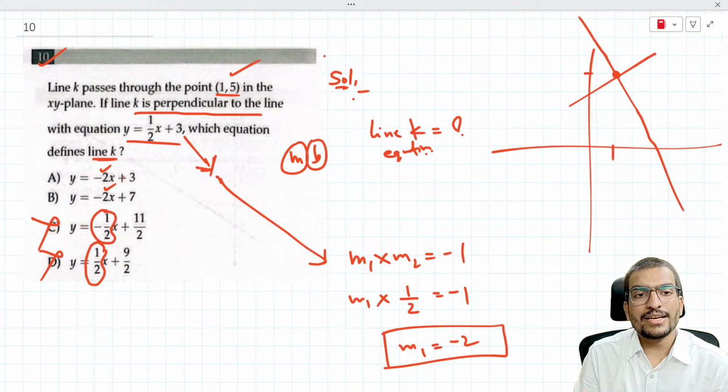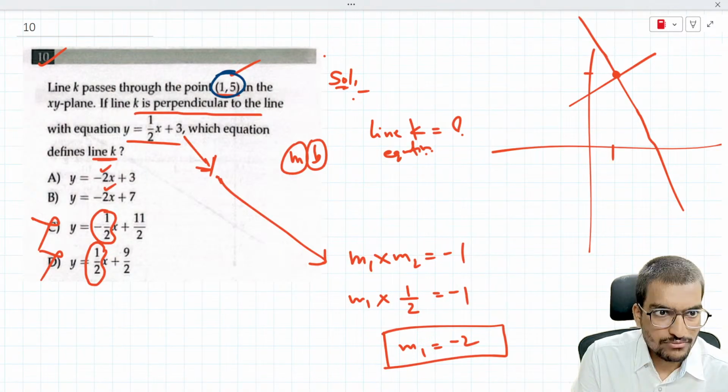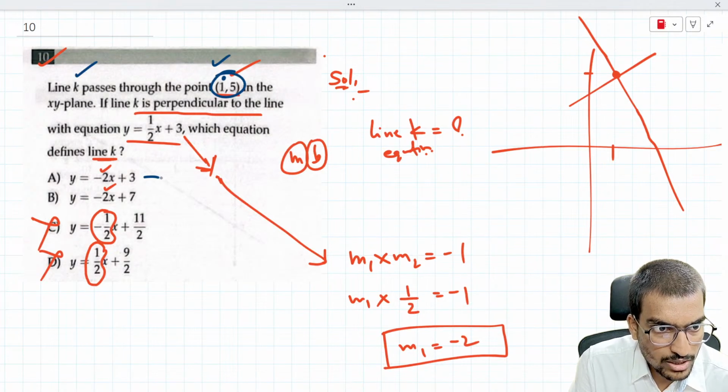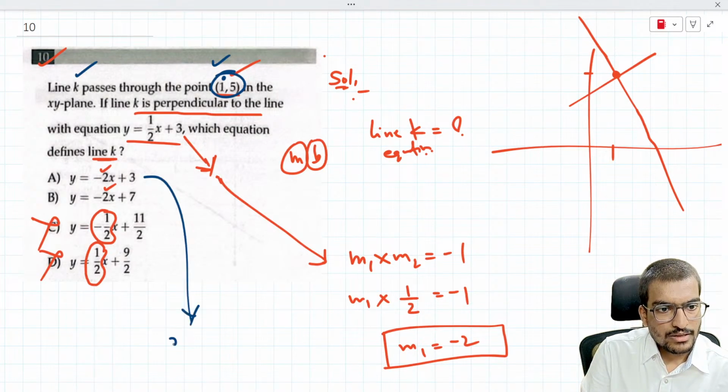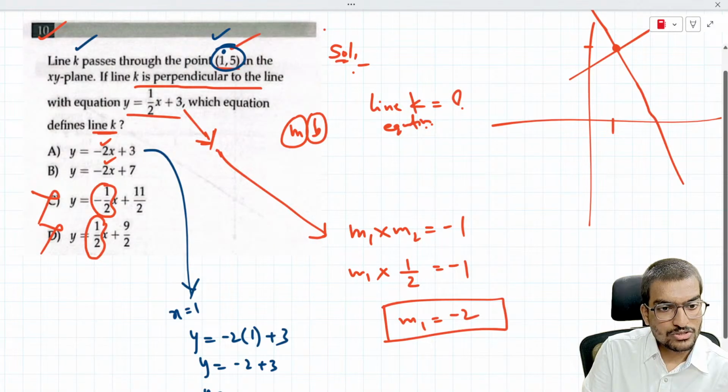And what is the equation? Use the point that you have, since K passes through (1, 5). Let's go with option A. If x equals 1, y equals -2 times 1 plus 3, which is -2 plus 3, y equals 1. Are you getting y equals 1?